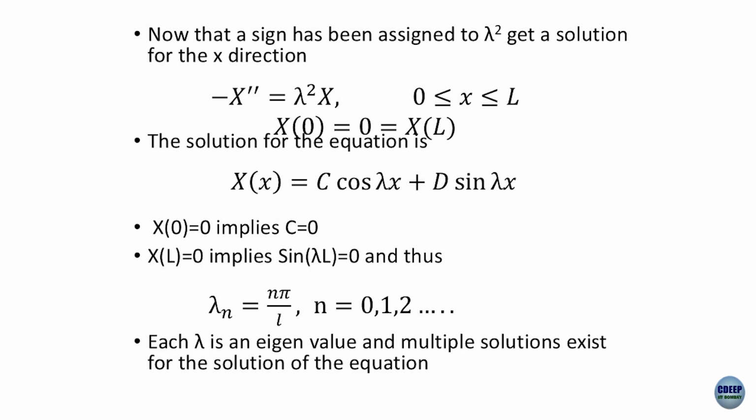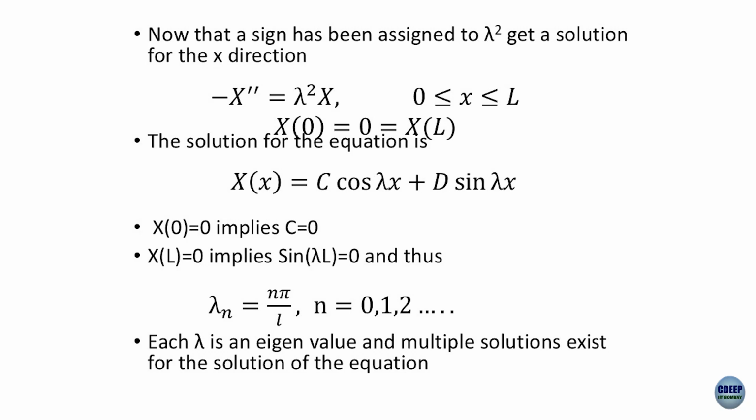Alright, so we said that we have now the condition on x, so you go ahead and start trying to solve for x. So x double dot is minus lambda square x.